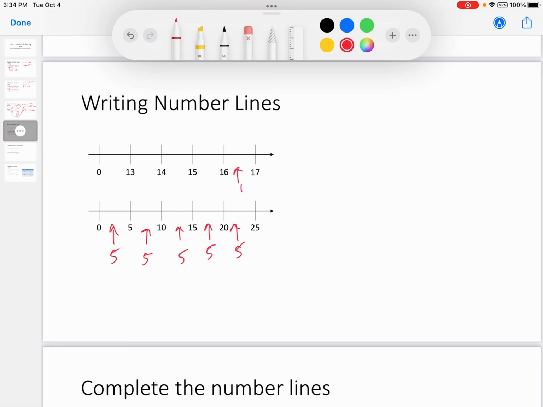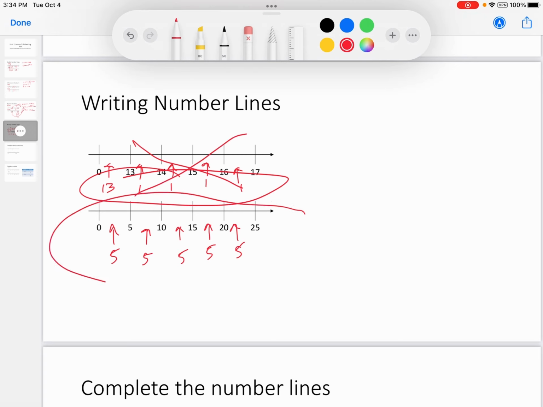This goes by 1, 1, 1, 1, and 13. Are all those the same interval? No. This one is wrong. This one is correct because it goes by the same values over and over again. The interval is consistent.